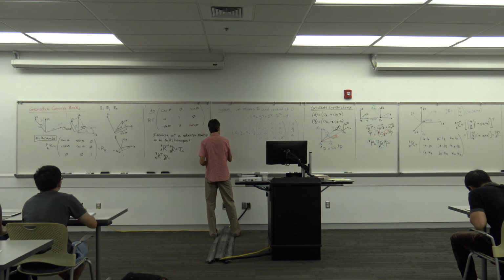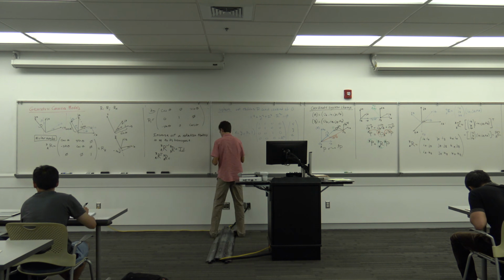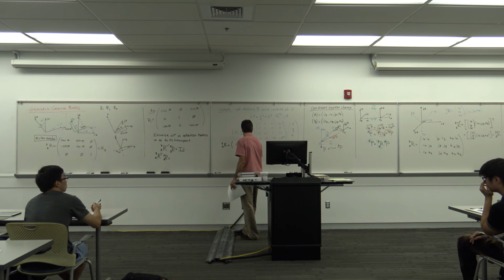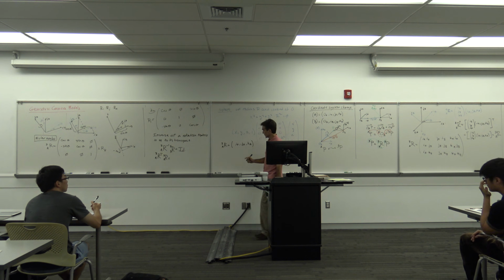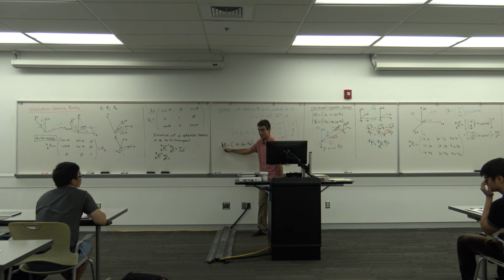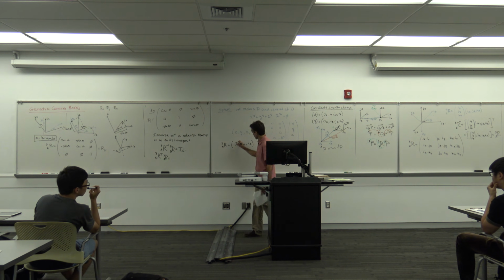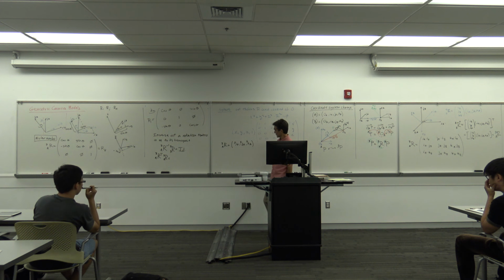The rotation from A to B can be written as IA, JA, KA. So I'm in A and I'm going to B. I start with my three basis vectors, but I represent them now in the B coordinate system.